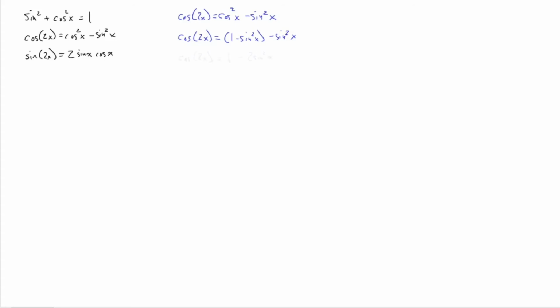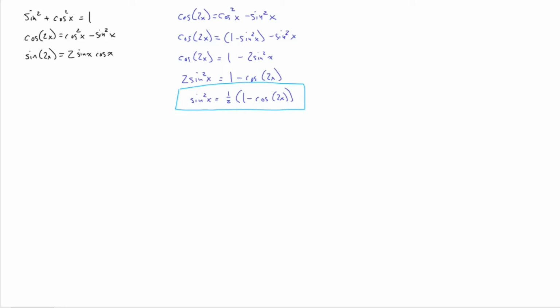Now do a little algebra and solve this equation for sine squared x, and you get the first of the important trig identities that we'll need in order to compute integrals of even powers of sine and cosine. It's that the sine squared x is equal to 1/2 times 1 minus the cosine of 2x. Okay, 1 down, 1 to go.